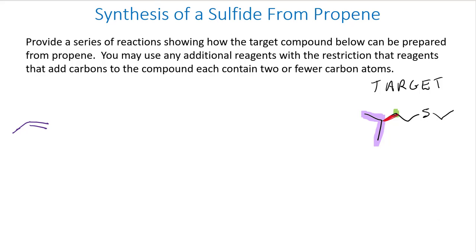That does mean we'd need that to attach to a 2-carbon system. We're told again that any reagents that add carbon atoms have to contain 2 or fewer, and so we would then need that to connect to the sulfur and have the 2 carbons from the sulfur being an extra connection.